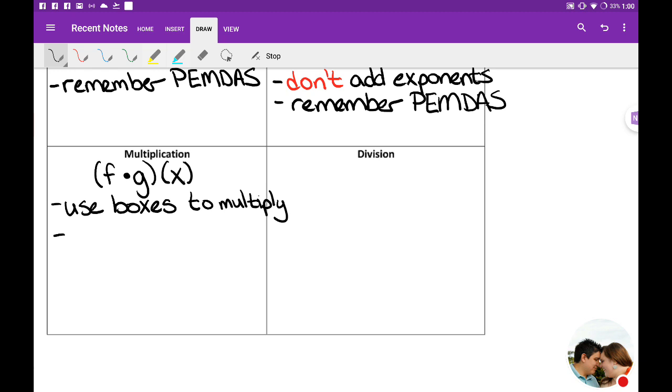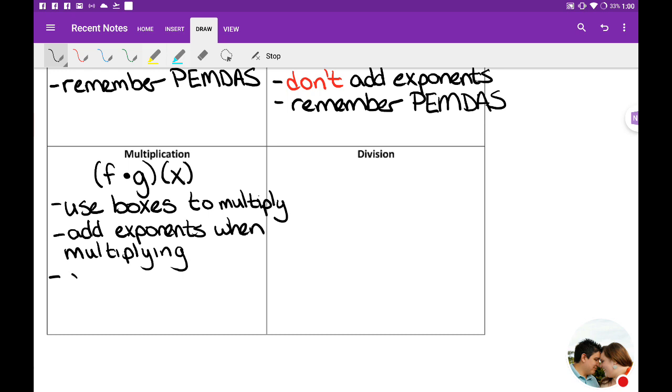Now, since we are multiplying, you do add your exponents when you're multiplying. Once you're done multiplying in the box, you're going to add your like terms, and remember, as always, follow PEMDAS.